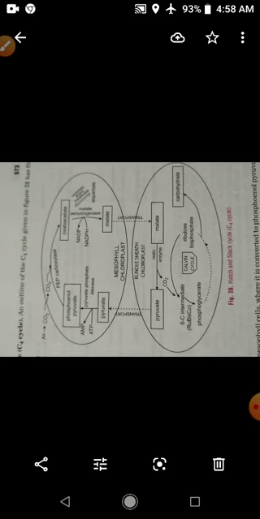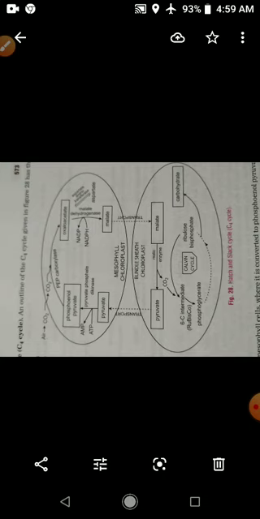But here the first compound in photosynthesis is a 4 carbon compound, and that 4 carbon compound is oxaloacetic acid or oxaloacetate. It is formed after taking carbon dioxide.